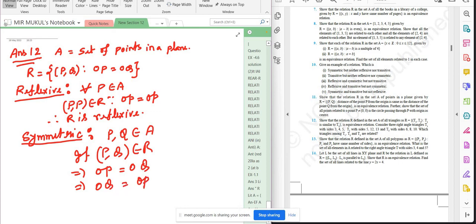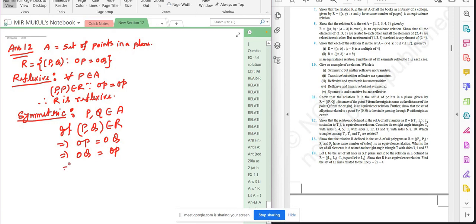It means Q comma P also belongs to R. Therefore, R is symmetric.